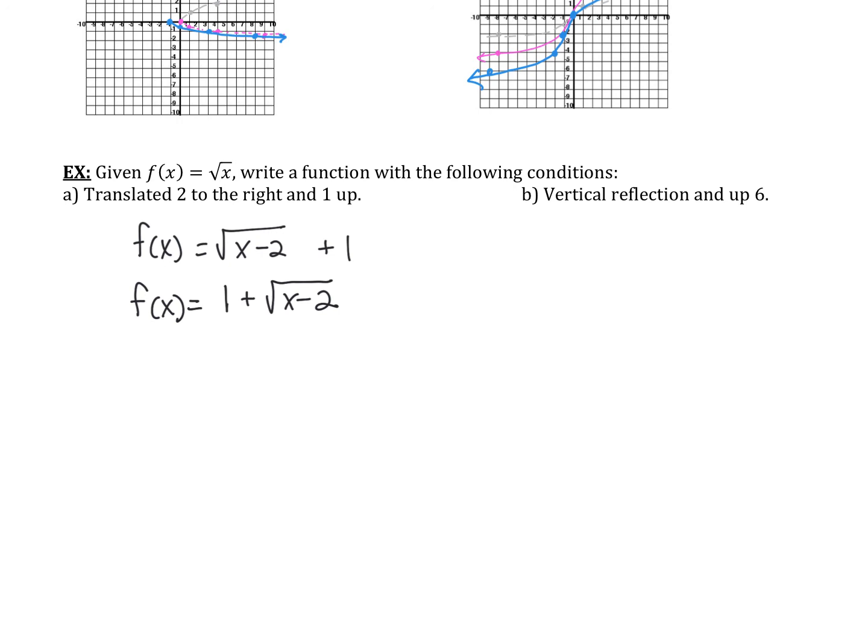All right, next one. I want you to write an equation for the next one. I want the next one to have a vertical reflection and go up 6. So what does that one look like? Negative. Vertical reflection and up 6.